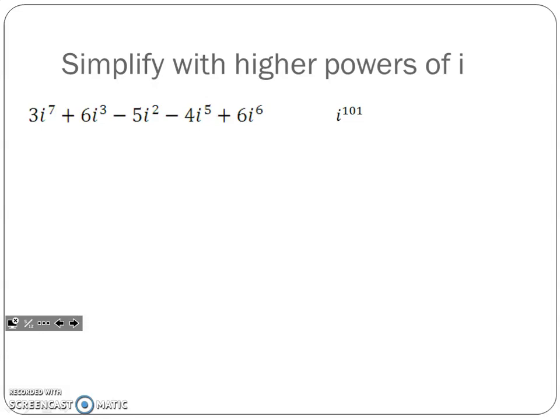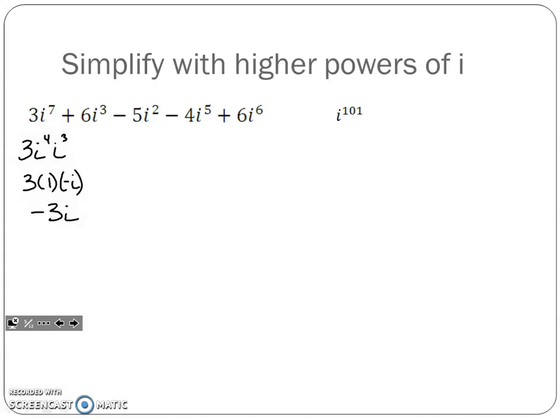We're going to start out with i to the 7th. That's really an i to the 4th and an i cubed. So i to the 4th is 1, and i cubed is -i. So really 3 times 1 times -i, I've got a -3i. So 3i to the 7th is really just -3i.